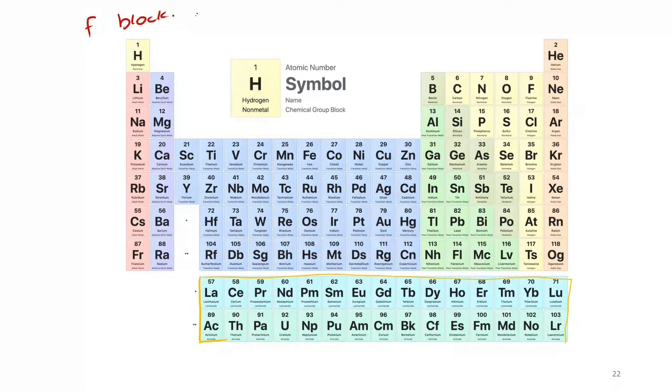So this is where F orbitals start filling. And for the A-level syllabus, we actually don't go all the way there. Remember, I mentioned this is how far we go in terms of electron configurations. But in general, you're required to know which block is which one, the SPDF blocks.